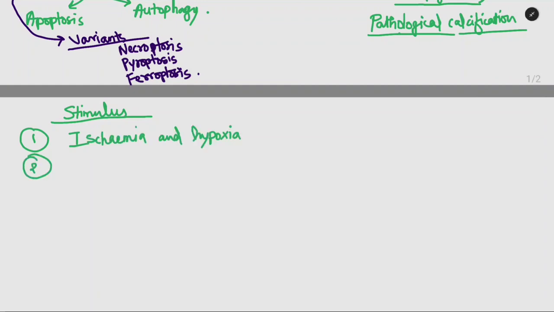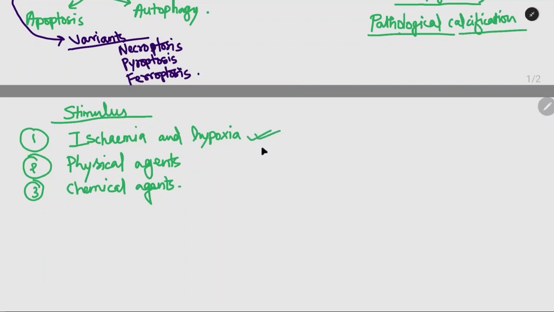There can be physical agents like mechanical trauma, thermal trauma, electricity, radiations. There can be chemical agents like chemical poisons, strong acids, strong alkalis, etc. Among these three, ischemia and hypoxia are very important, and we will learn in detail how ischemia and hypoxia actually cause cell injury.